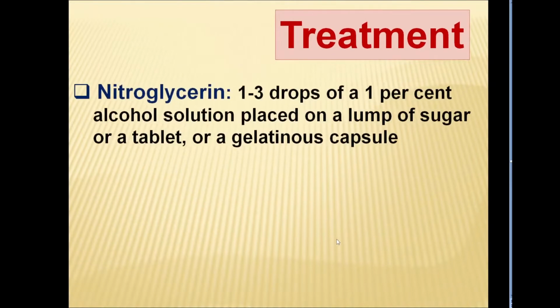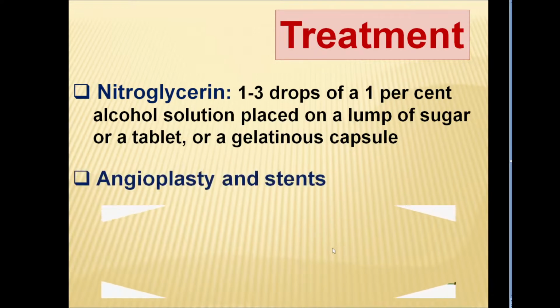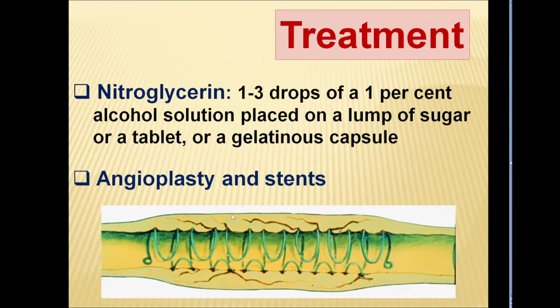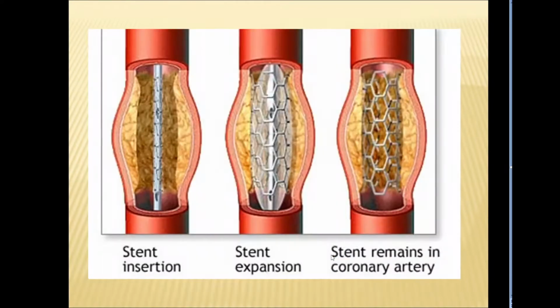Principles of treatment: nitroglycerin as drops, as capsules, as tablets, or as ointment on the cardiac region. But if the patient has intensive affection of a coronary artery, as you saw on coronarography, 95%, we will recommend angioplasty or introduction of a stent into the coronary artery, which prevents its abnormal constriction.